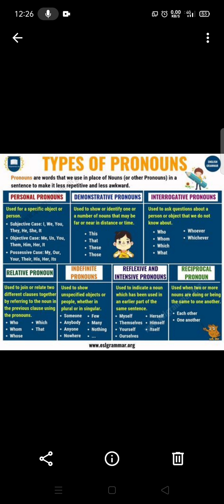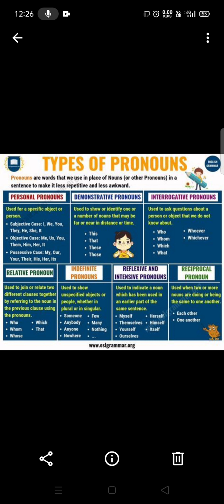Now the second person pronoun is you, you in the objective case, and your and yours. In third person, we have masculine singular: he, him, his. Third person singular feminine: she, her, her, hers.